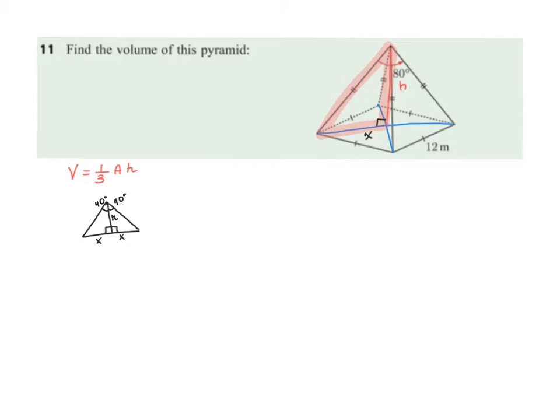Now you might be wondering, okay, Miss Nguyen, what triangle are we talking about? Well, we're talking about that triangle right there, okay? So I've already labeled one of the x's for you. I've already labeled the height for you. Let's erase this here.